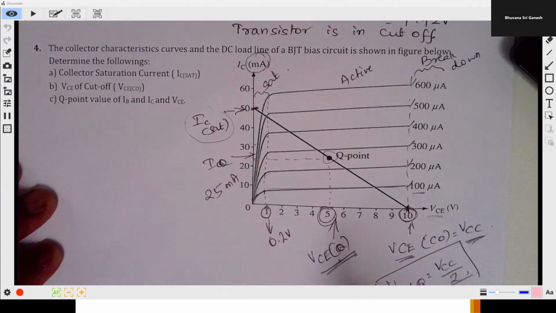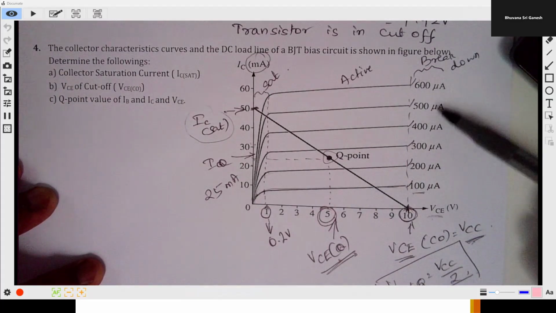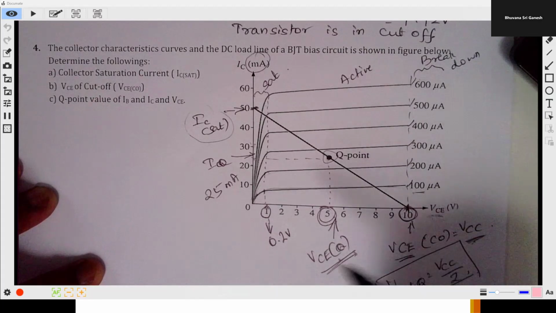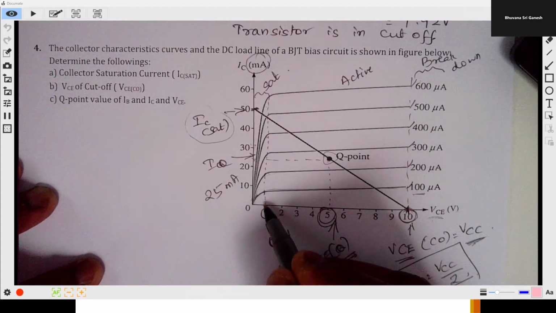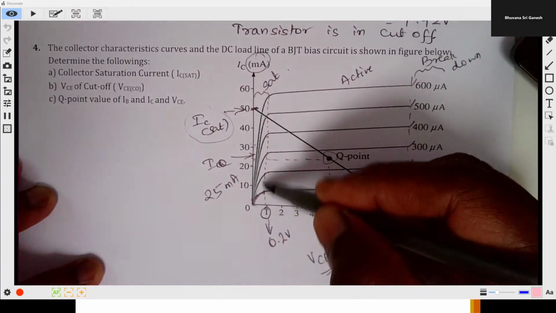Okay, now with respect to these characteristics, for different IBs we have different curves. The region where, as the VCE increases, IC increases, is called the saturation region, right? So up to here it is the saturation region.